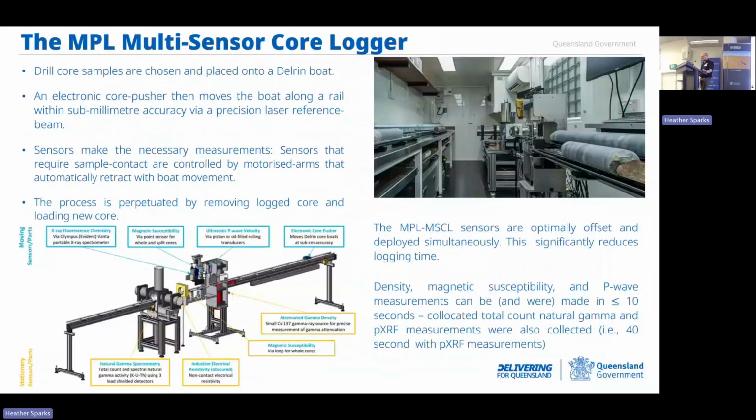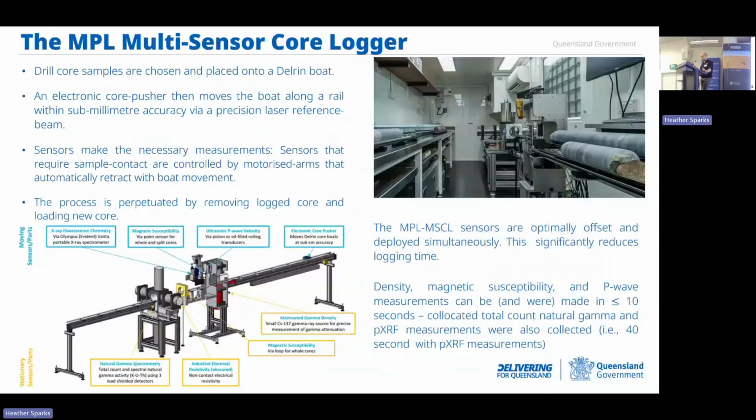The first measurement is made by the attenuated gamma tool to give us our density. This is equipped with a small cesium gamma source above, and there's a receiver below to determine the density via the decay counts. Next in the sequence was an ultrasonic velocity tool, which measures the P-wave velocity with a pair of transducers mounted horizontally, so they come in and contact with the core and send a sonic vibration through there.